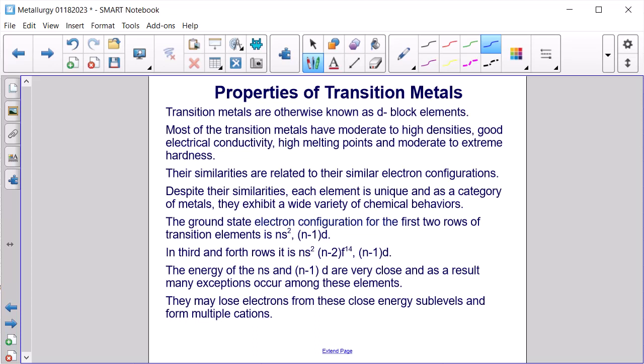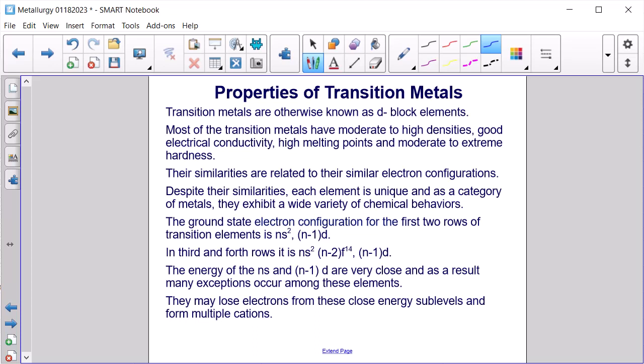Despite their similarities, each element is unique, and as a category of metals, they exhibit a wide variety of chemical behaviors. The ground state electron configuration for the first two rows of transition elements is ns2, (n-1)d.